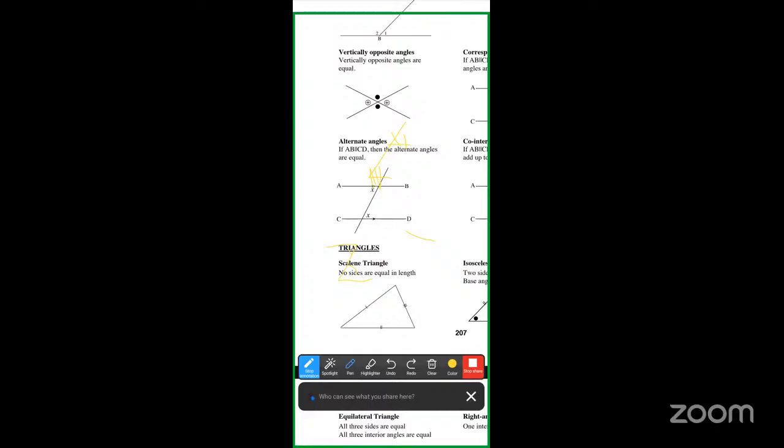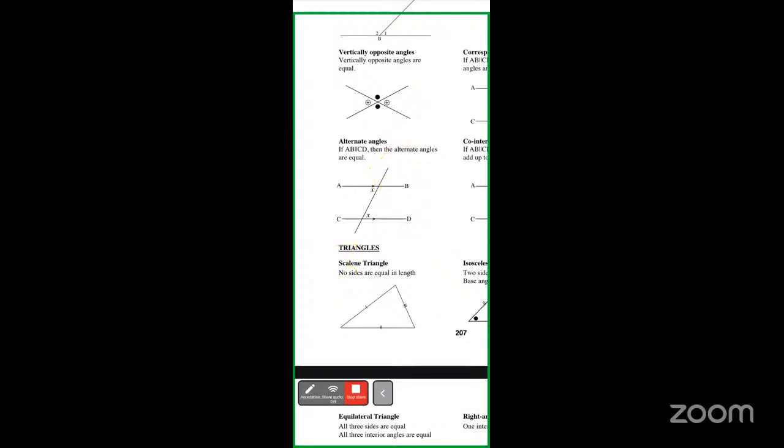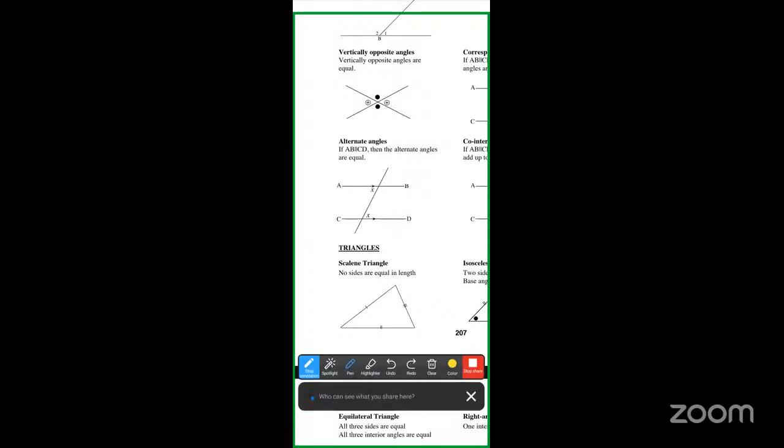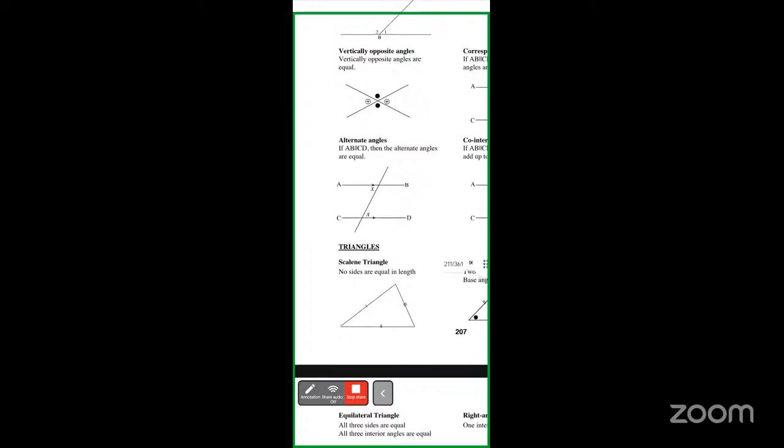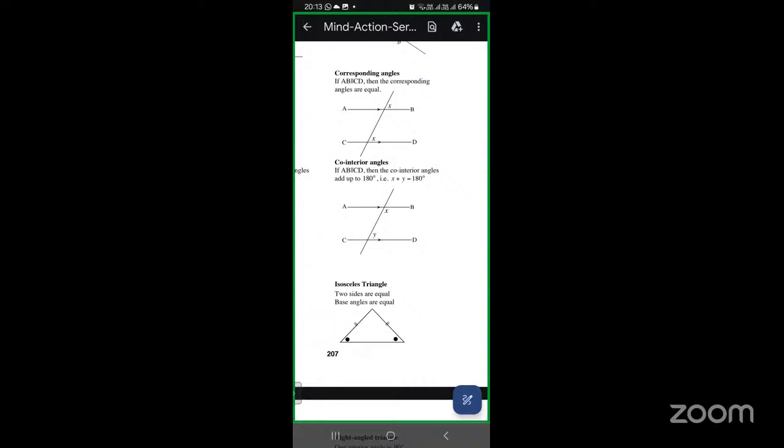We said this angle is equal to this angle. But co-interior angles are a bit different. There are no equal angles. But those angles that are inside that U are the ones we are going to focus on, let's say this U.